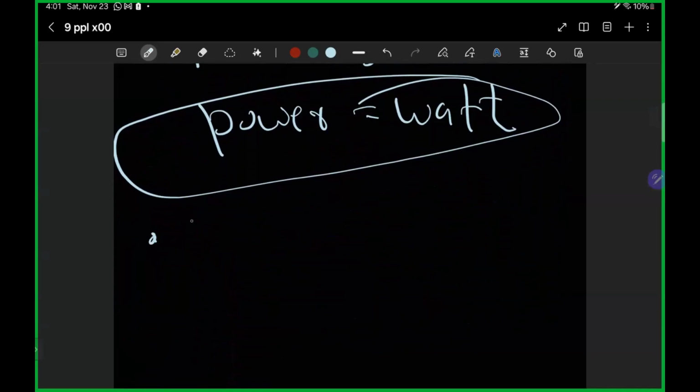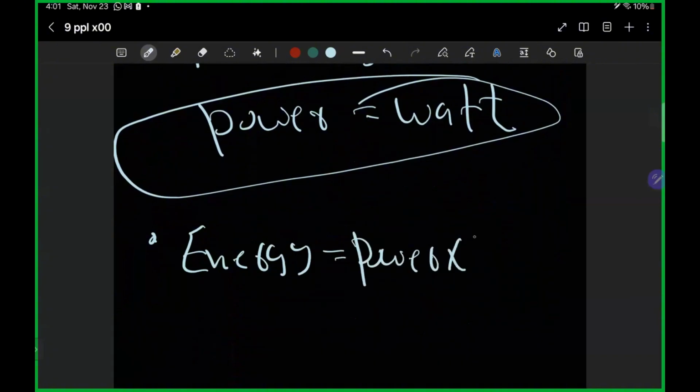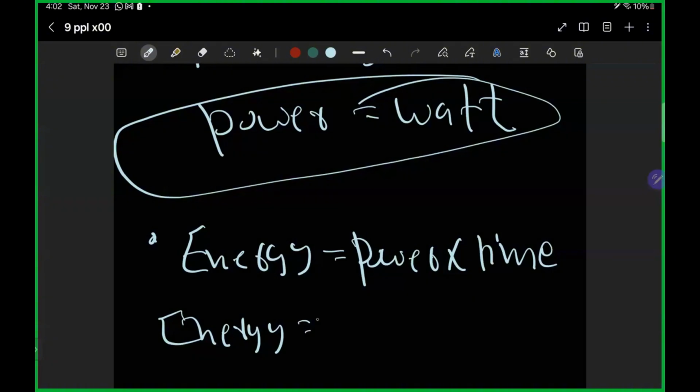Now coming to the next quantity, which is energy. Energy is the capacity to do work, and the formula for that is power multiplied by time. So energy will be equal to power in watt times time in second.